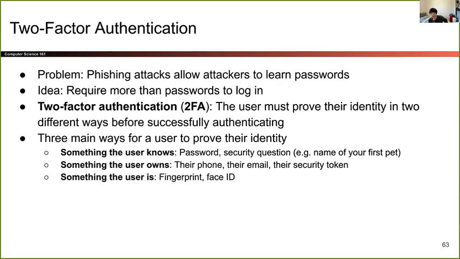And the final thing is something that the user is, something you are. These have to do with biometrics. If you have a fingerprint sensor, or if you have an iPhone with Face ID or Windows Hello, which does the same thing, these are associated with literally who you are. In movies, you'll see retina scanners or DNA, something or other. Those would also fall under the category of something that the user is.